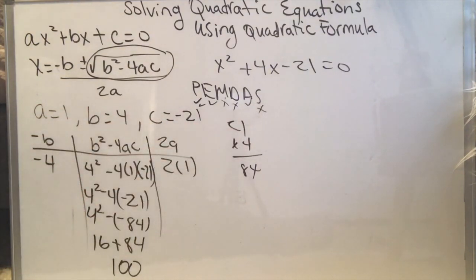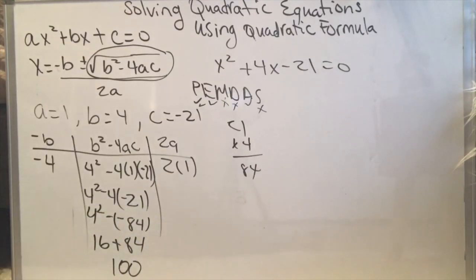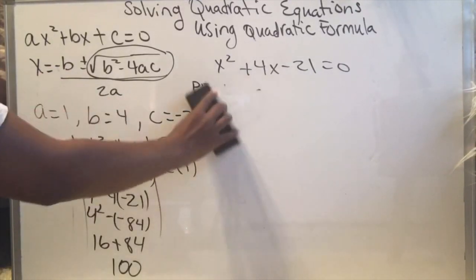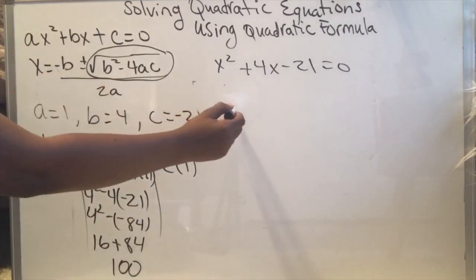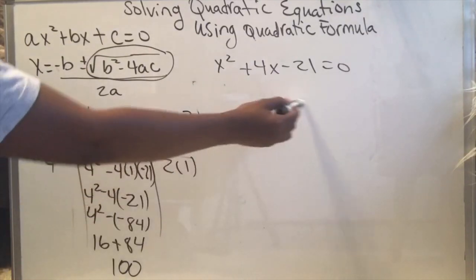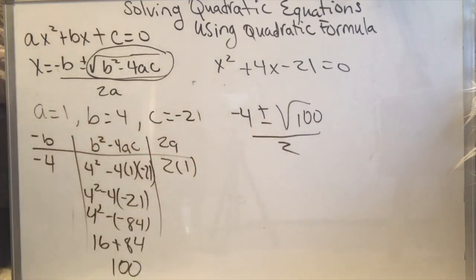So now that we have that, we know what our values are, so we can plug it in. So that's what I'm going to do. So negative b is negative 4 plus or minus the square root of 100 all over 2.